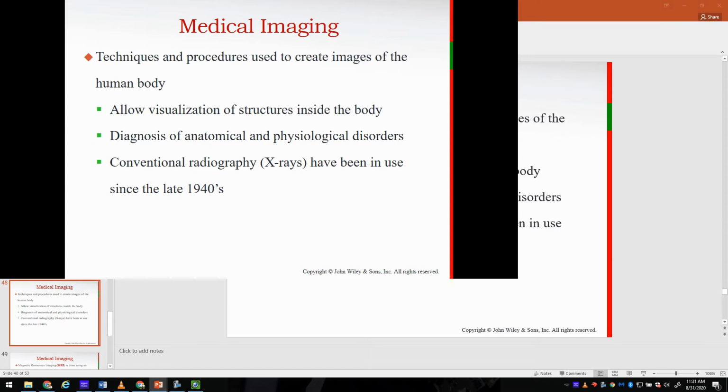So medical imaging allows visualization of structures inside the body, and the advantage to that is we don't have to cut you open to examine. They can take a look without the need of exploratory surgery.